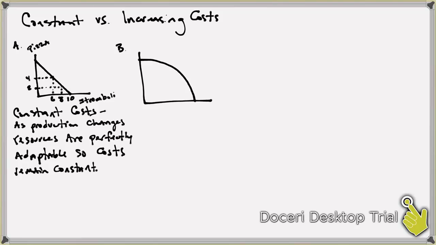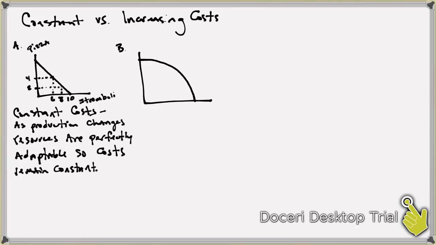So if we gain 1 pizza, maybe we give up 2 strombolis. But then if we gain 1 more pizza, we give up 2 more strombolis. Does that make sense? So it doesn't have to always be an equal ratio. It just has to be a constant ratio. And that will always happen when we have a production possibility curve that is a straight line.